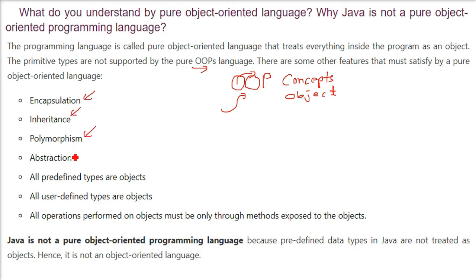Encapsulation, inheritance, polymorphism, abstraction are there, but in a pure language all predefined types are objects, all user defined types are objects, and all operations performed must be only through methods exposed by the objects. Java is not a pure object-oriented programming language because predefined data types in Java are not treated as objects. Now you have to tell me which languages are pure and which are impure.